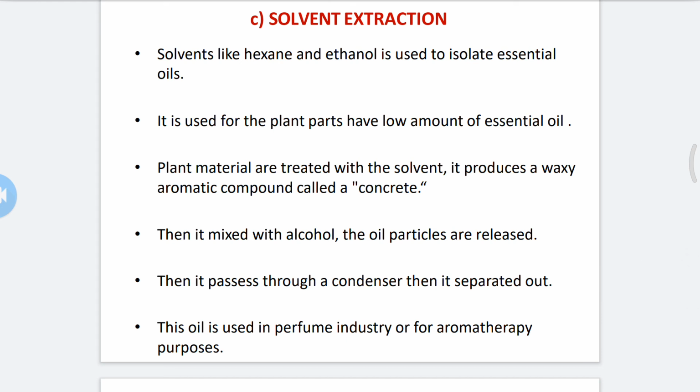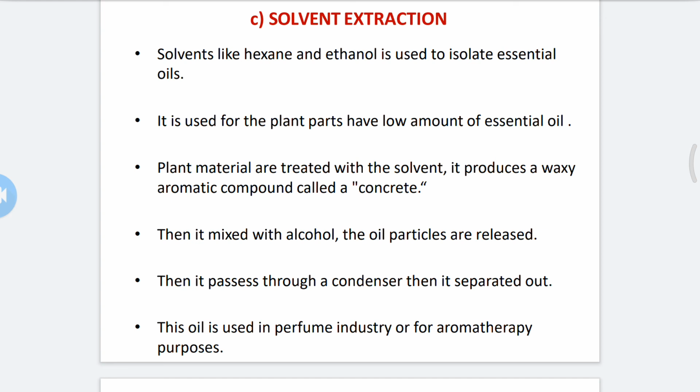Next is solvent extraction. Solvents like hexane and ethanol are used to isolate essential oil. Hexane is non-polar, and ethanol is also used.